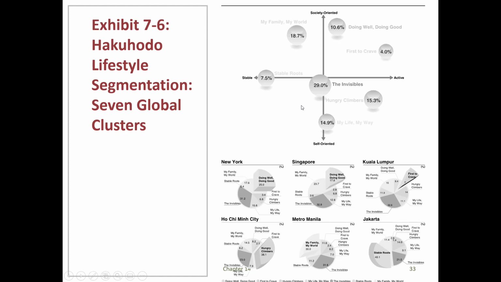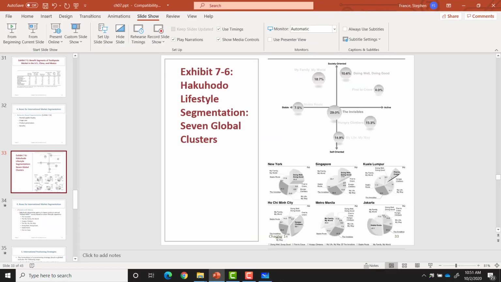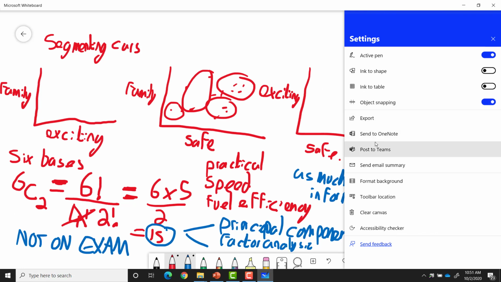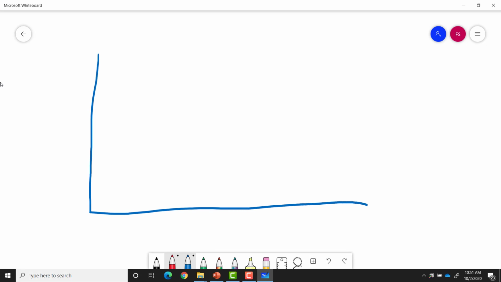Now, this is an example of lifestyle segmentation. This is a little bit complicated, so I'm just going to give you a simple example. We're going to do a little split. We're going to think about, for example, people five years after you graduate, in their 20s.